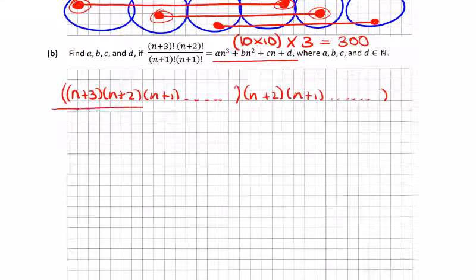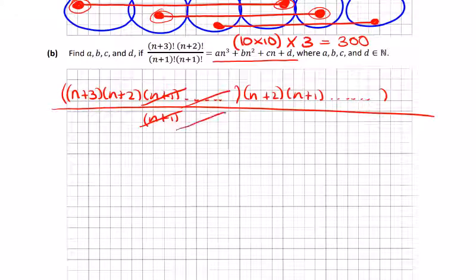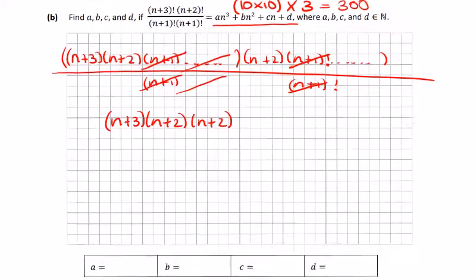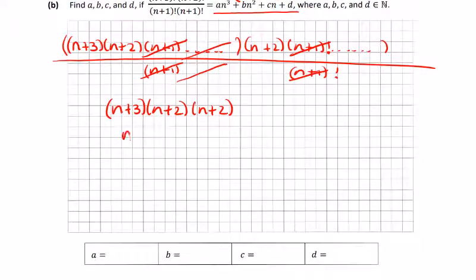And that's over these 2 (n plus 1) factorials, which are going to cancel with whatever's happening from here all the way back. I just left out the factorial to make it a bit neater. So we're going to be left with n plus 3 by n plus 2 by n plus 2, which we just have to multiply out to get a cubic. So really straightforward, juniors there at maths.